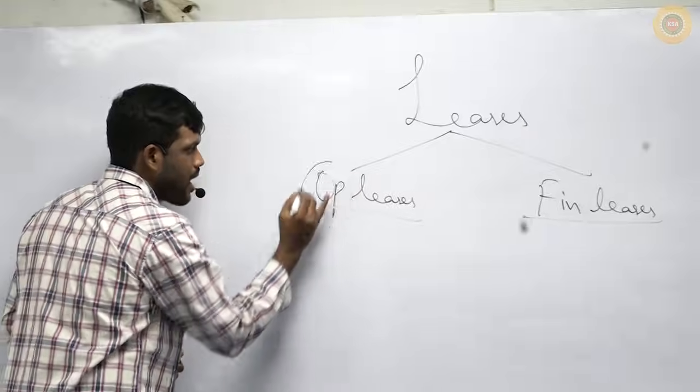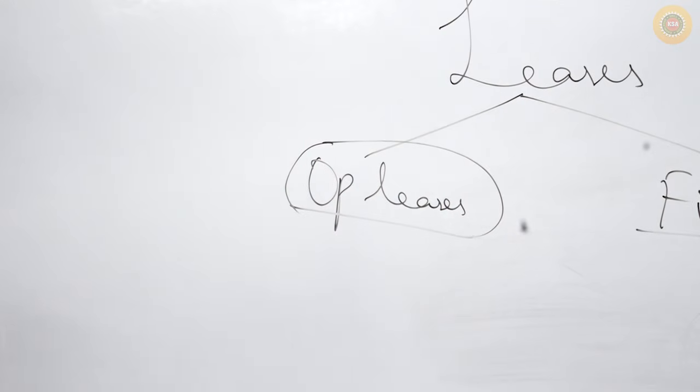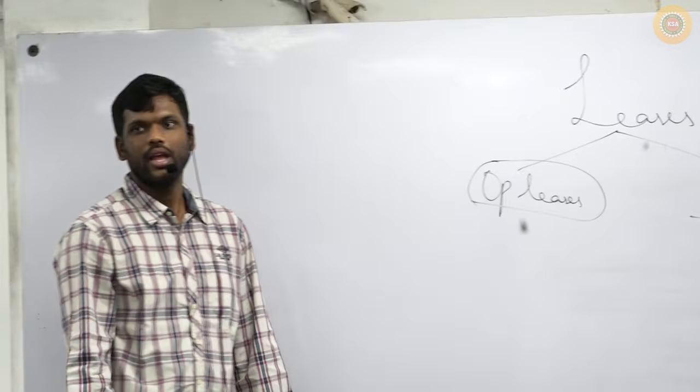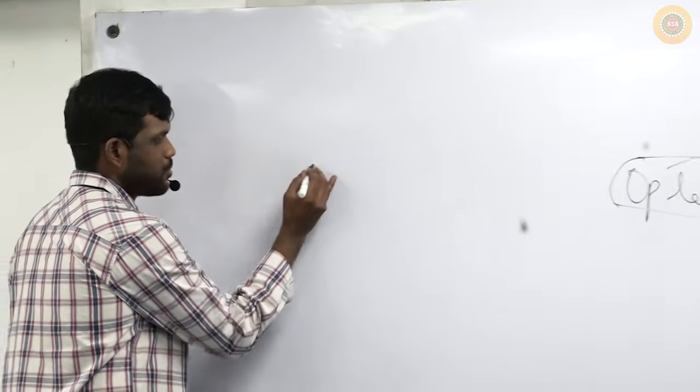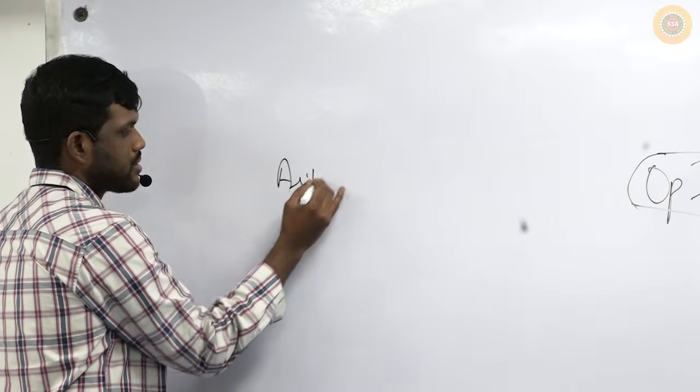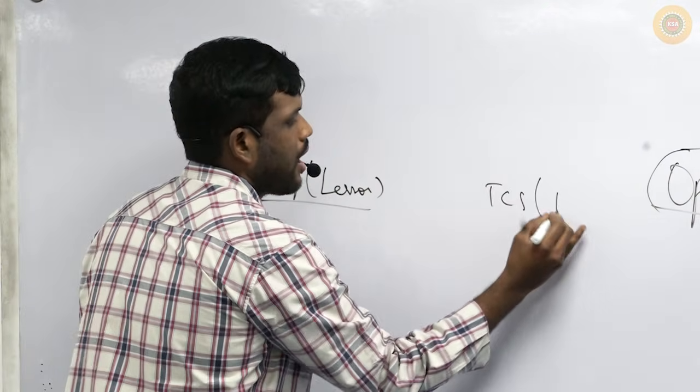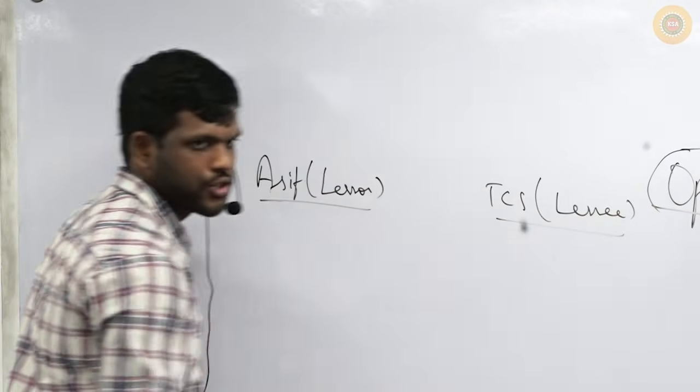Sir, how to account for an operating lease? Listen. Assume Asif is the lessor and I am the lessee.